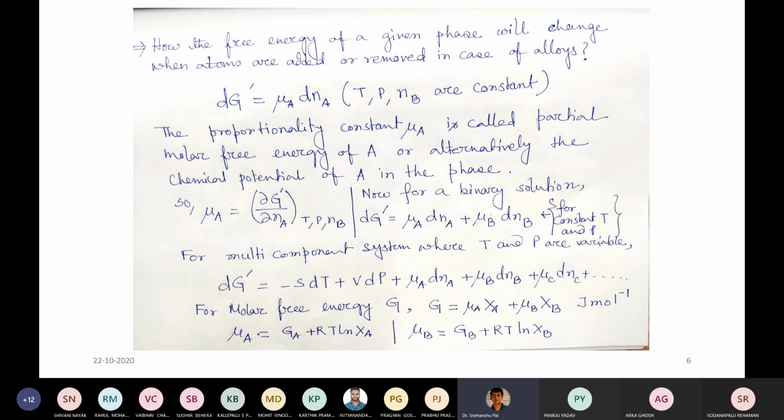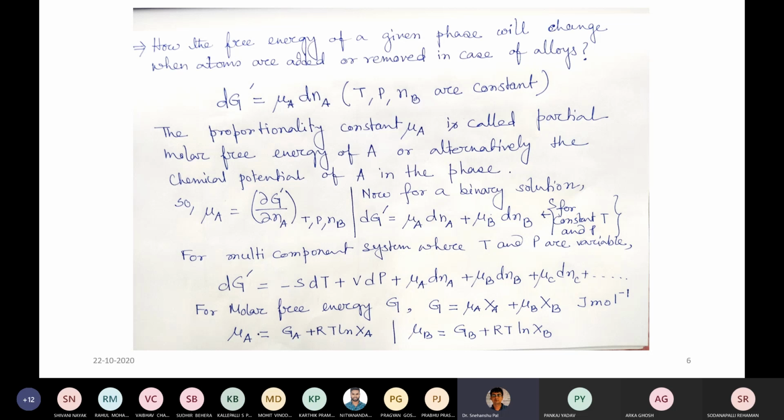Since this scenario is valid for today's discussion, we can represent mu A equal to del G dot by del NA at constant T, P, NB, meaning the number of moles of B is constant, pressure is constant, and temperature is constant. Already I told you that G dot is used here for free energy to emphasize the fact that it refers to the whole system.